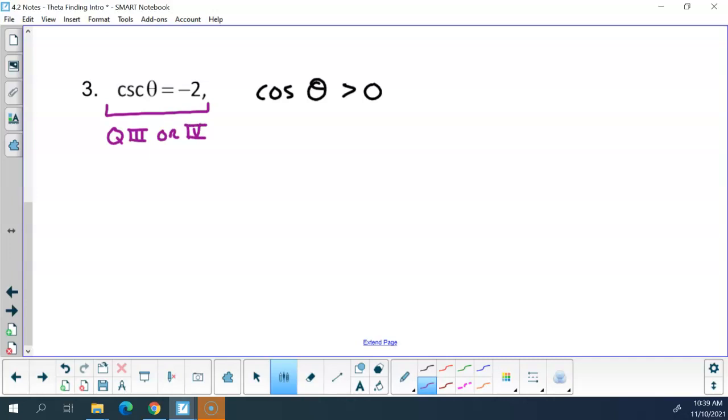Cosine is positive. Where is cosine positive? 1 and 4. Yep. So which quadrant am I in that satisfies both conditions? Quadrant 4. So I need to be in quadrant 4.